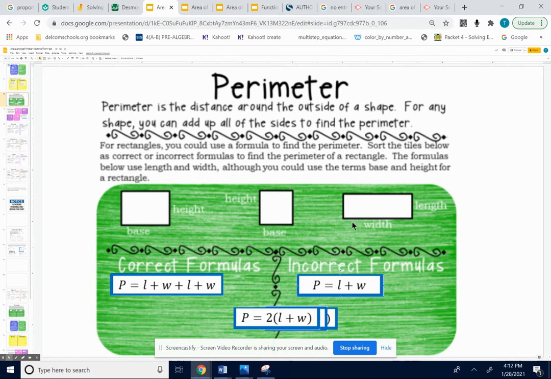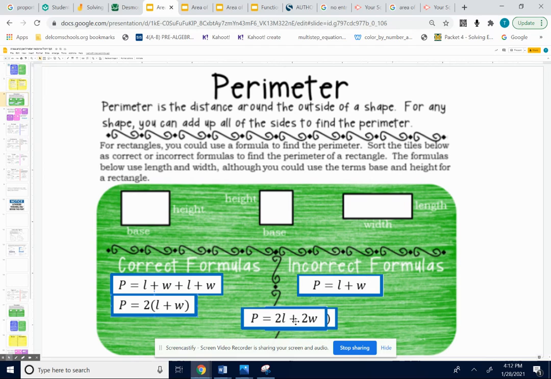That would work, because here's length plus width, and it really means double that. If I took length plus width and doubled it, I would have the other 2 sides as well. So that works. 2 times length plus width is a formula you could use for the perimeter of a rectangle.